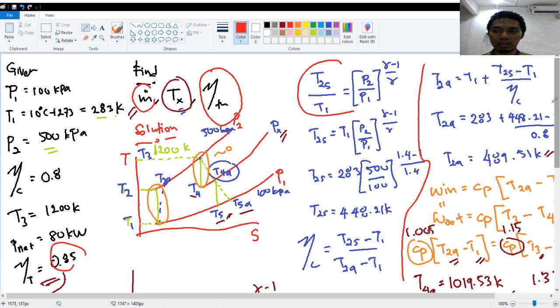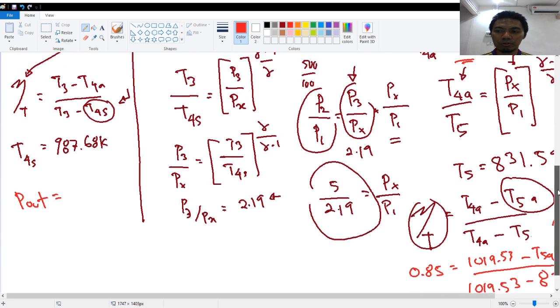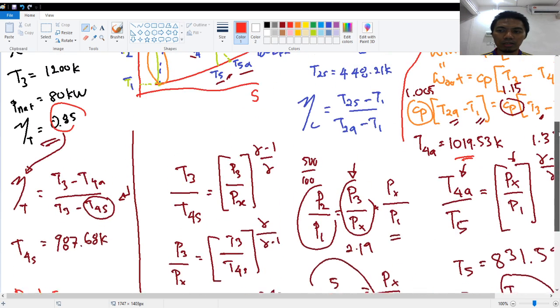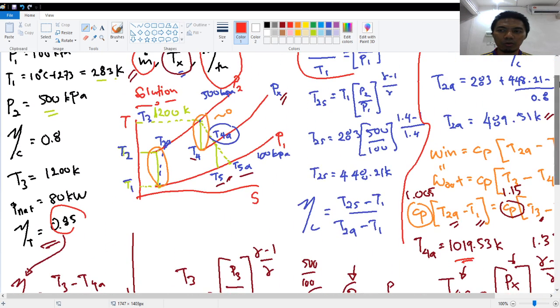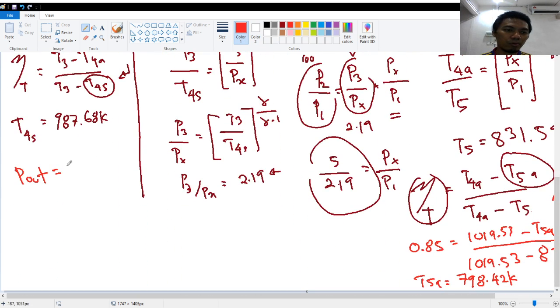The m dot you can find from power output. Given power output is 80 kilowatt.